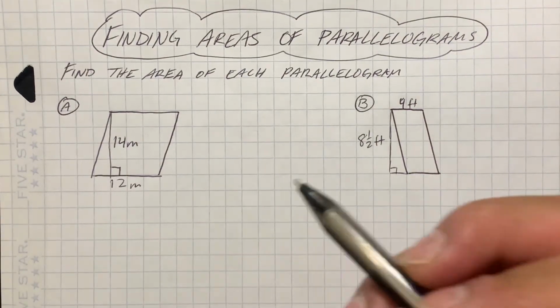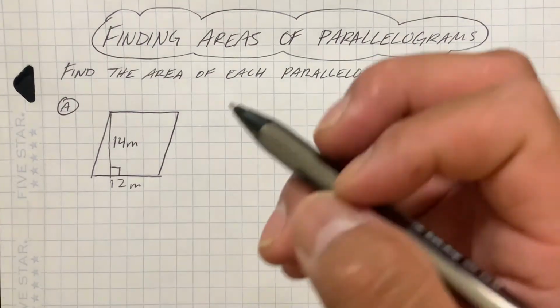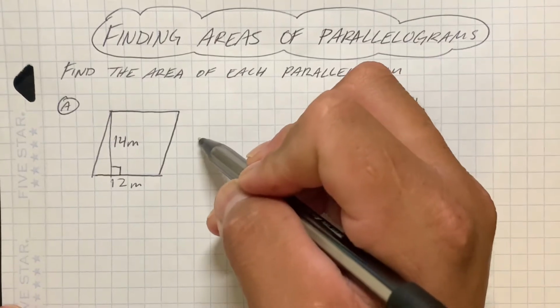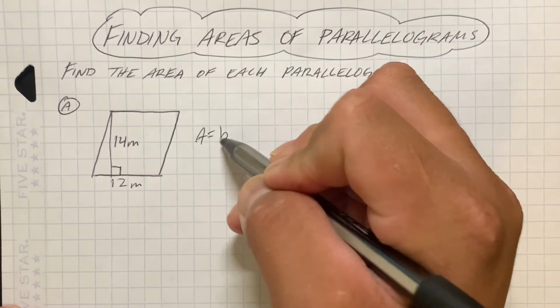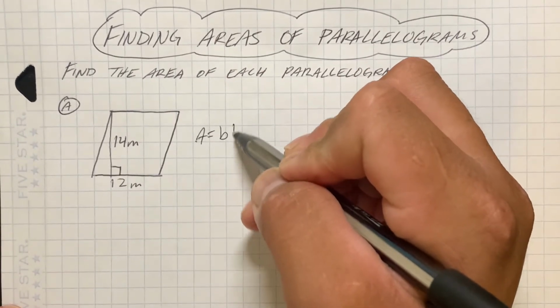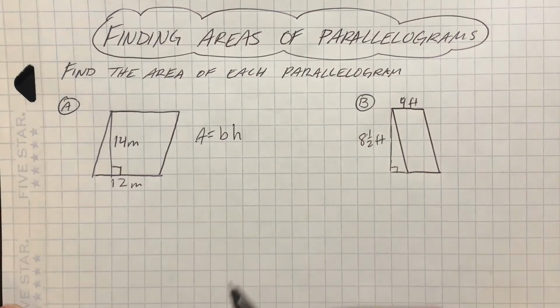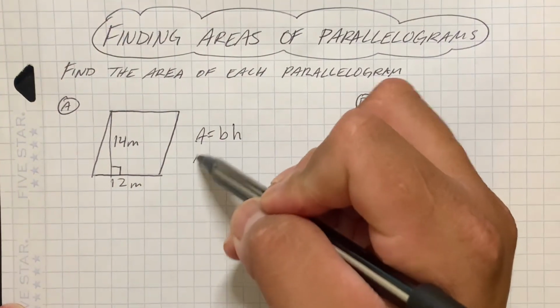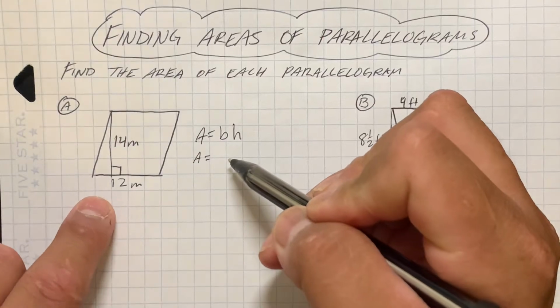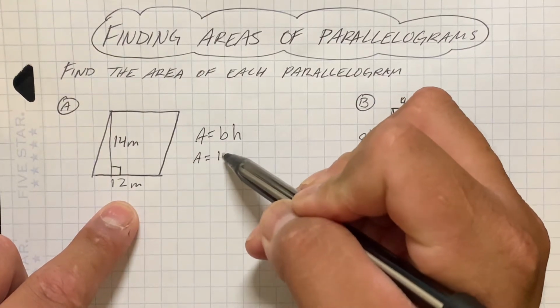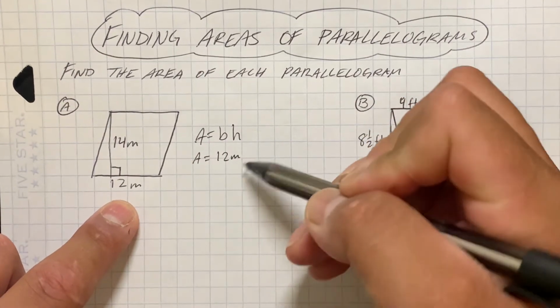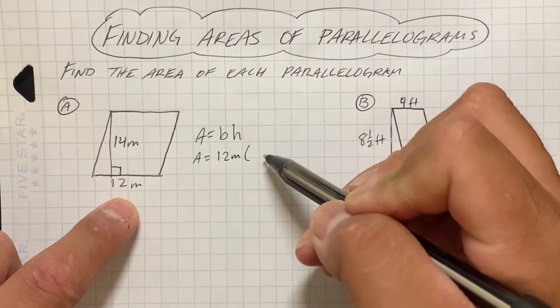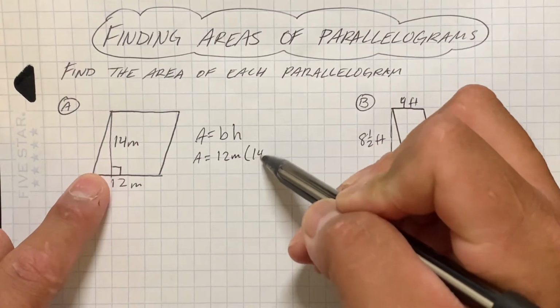In order to find the area, the first thing we do is write the formula. Area equals base times the height. The base here is 12 meters, times the height, which is 14 meters.